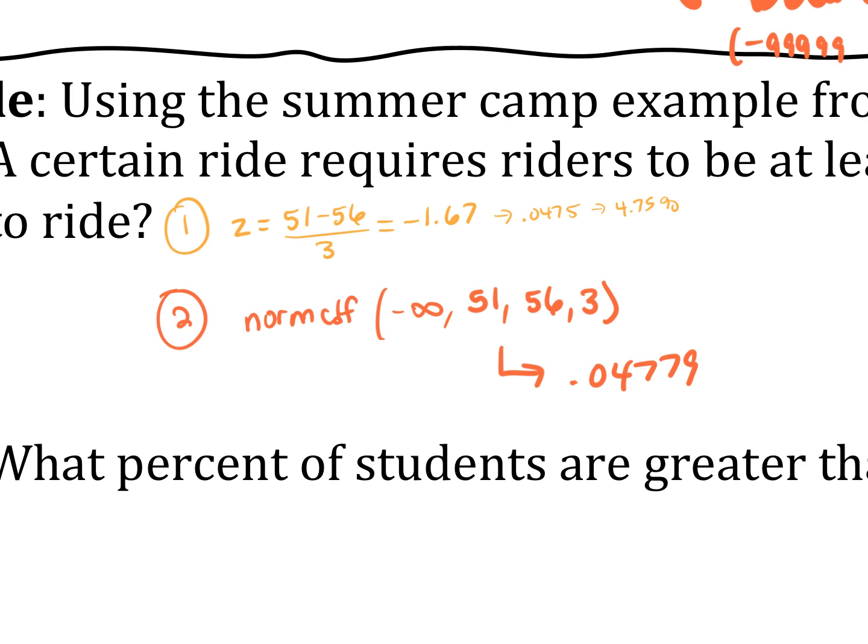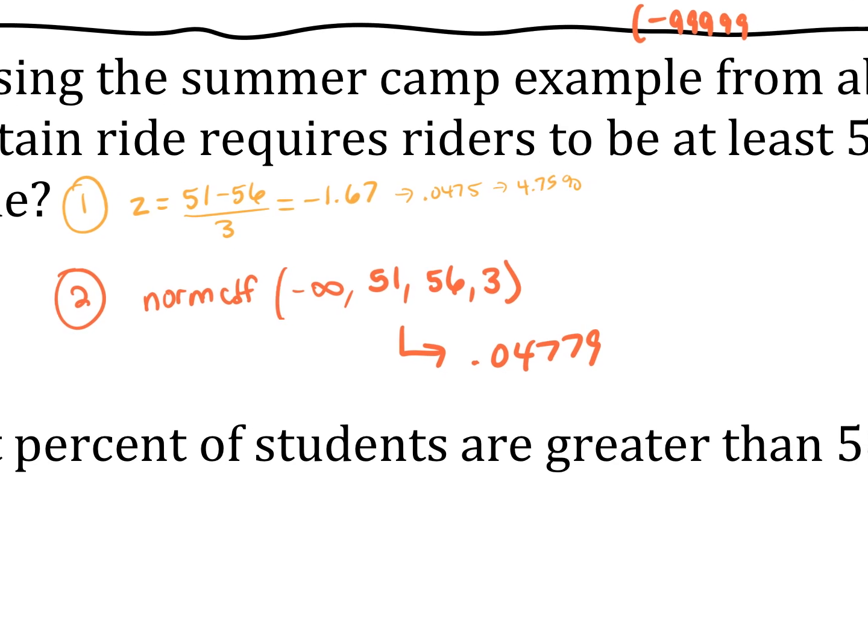Noah, did you get it? Awesome. Jada, you got it? Did your calculator say negative infinity or the negative 99999? The last one. Okay, with your infinity, did that work? Yeah, I got 0. You got that? Yeah. Okay, all right.